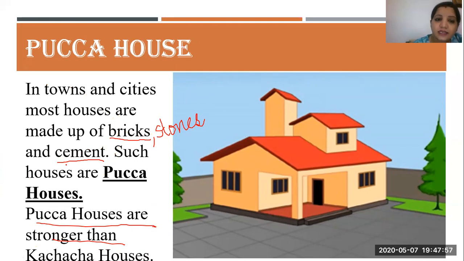Once they are using these materials like dry leaves, bamboos, and mud, you cannot call it a pakka house. It will become kacha house. So the house that is made up of stone, bricks, and cement is called a pakka house. And these pakka houses you can find only in towns and cities. You can't find them in village. And these pakka houses are stronger compared to a kacha house. I hope all of you understood this much.